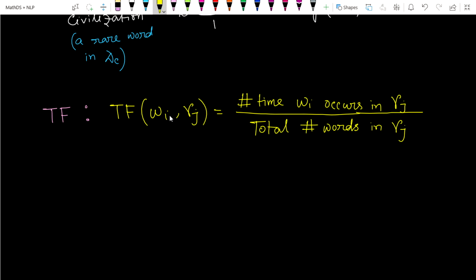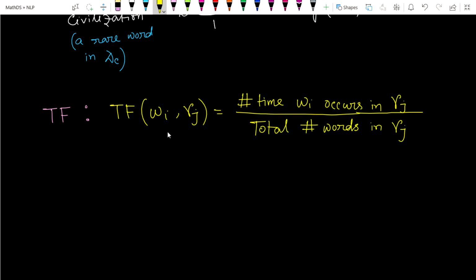That is the formula of the TF. It means the number of times a particular word Wi occurs in a single document, and how many total words there are in that document. That is the meaning of the TF.